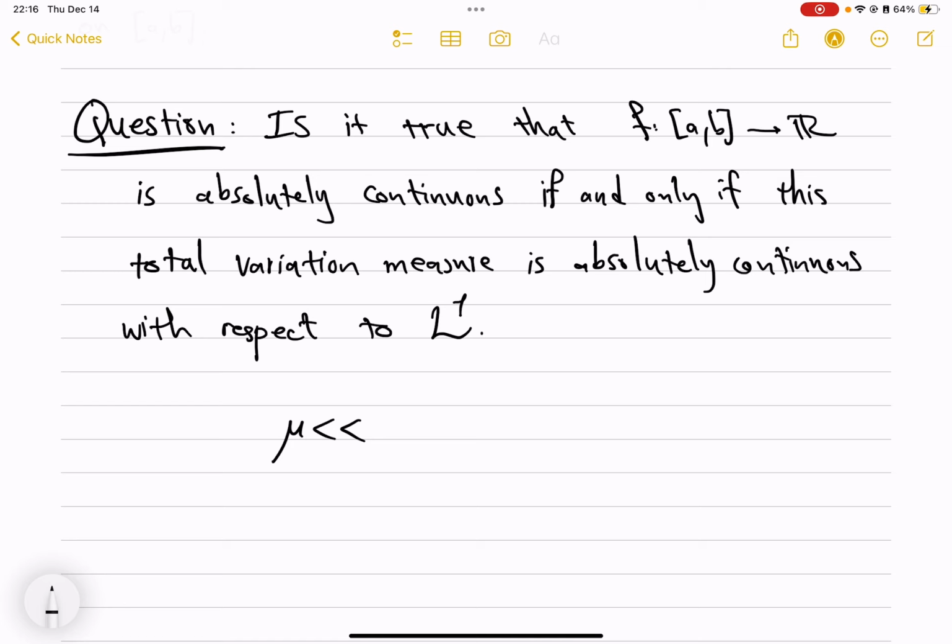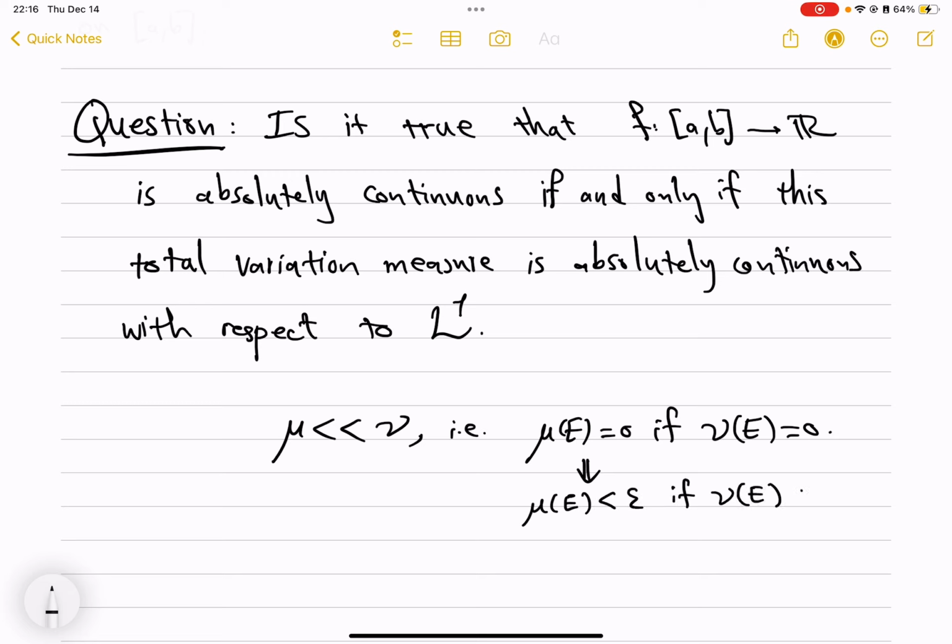So which means that mu of a set will be 0 if nu measure of that is 0. I think this implies, by the absolute continuity of integrals, that mu of E is smaller than epsilon if nu of E is less than delta.